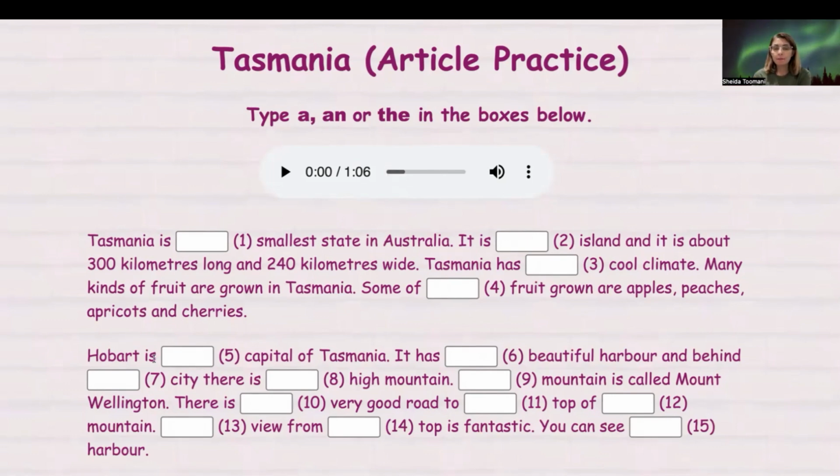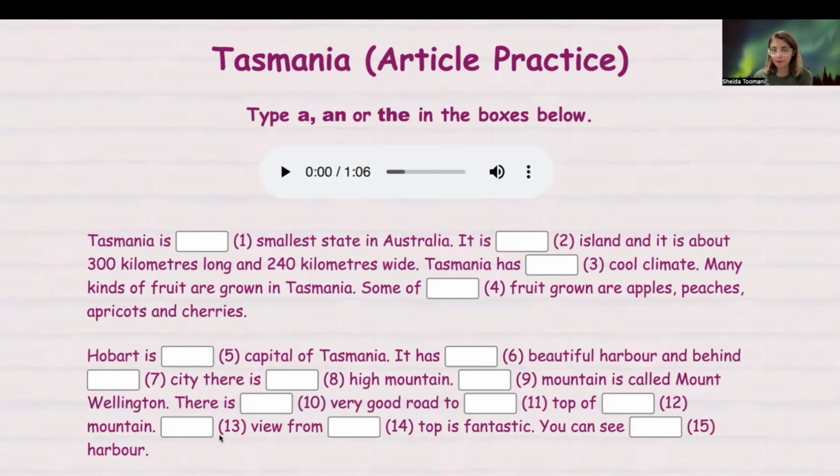Hobart is capital of Tasmania. It has beautiful harbor, and behind city there is high mountain. What do you think for number 5, 6, and 7? A, an, or the? Mountain is called Mount Wellington. Do we need anything out of these three options for number 9?